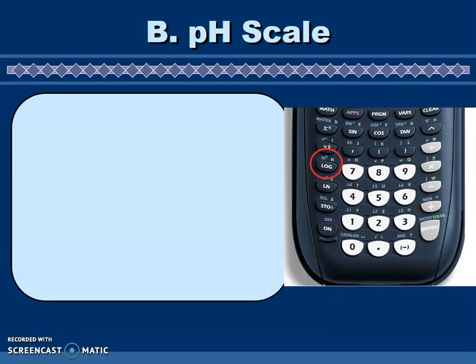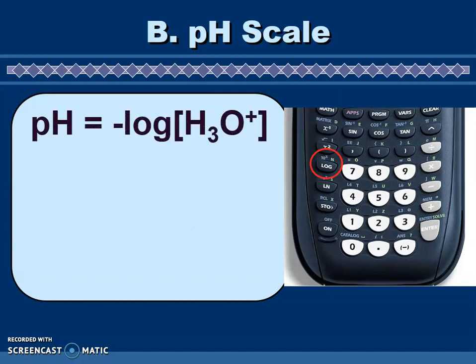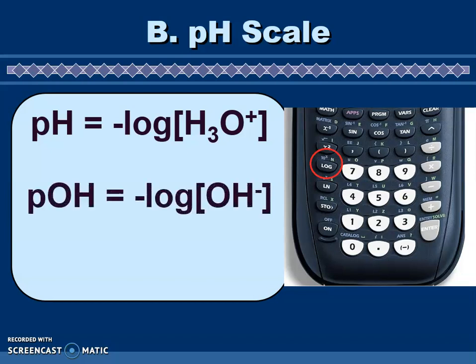Okay, so here are some more equations for you to add to your equation list. If you want to calculate pH, here's the equation: the negative log of the hydronium concentration, or the negative log of the acid concentration, will get you your pH. But we can also do pOH. That's the negative log of the hydroxide concentration, or the base concentration.